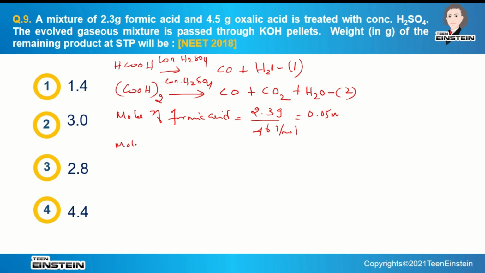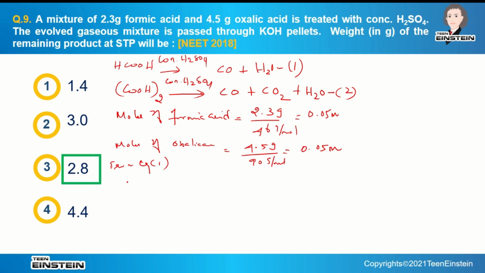Next come to moles of oxalic acid. The given is 4.5 gram. The molecular weight of oxalic acid is 90 gram per mole. So the final value is 0.05 mole. So from equation 1 we get the number of carbon monoxide formed is 0.05 mole.